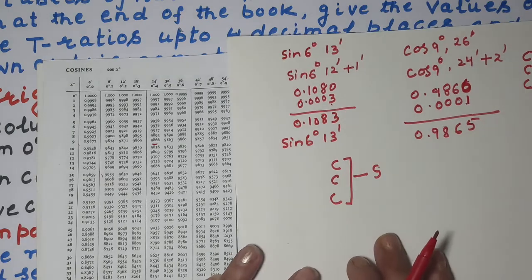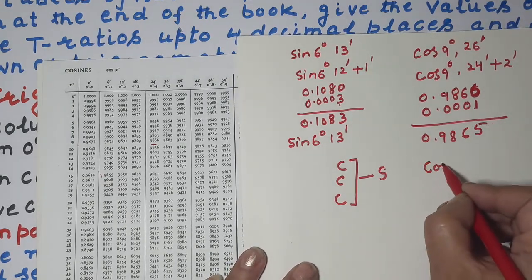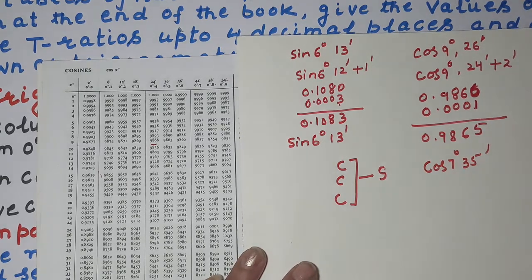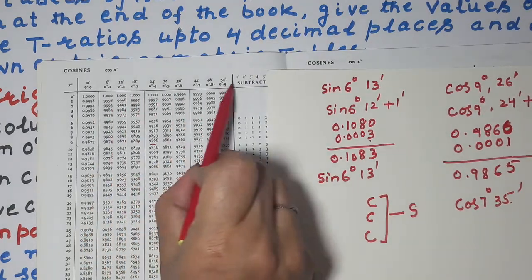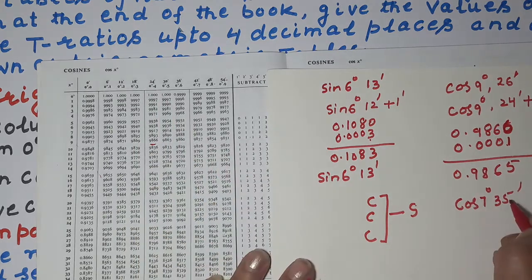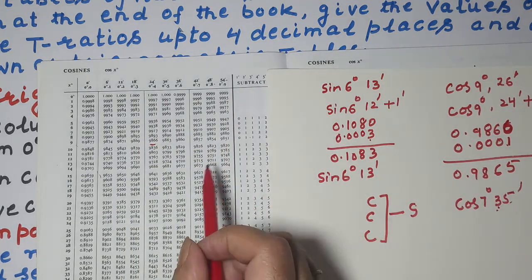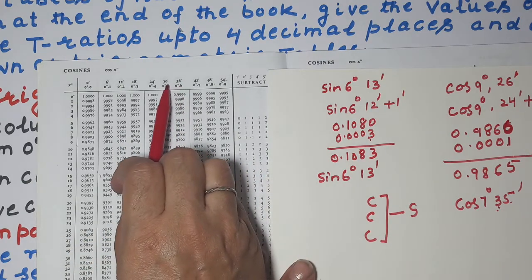Let's try one more example. Suppose cos 7 degrees, 35 minutes. So 35 minutes is not available in the table here under minutes. So what will we do? Which is the value immediately lesser than this 35? 30.